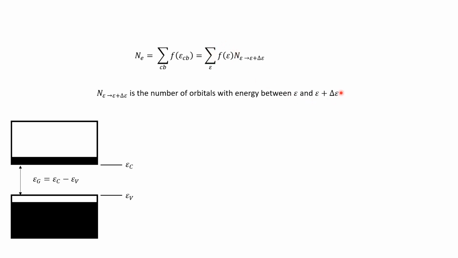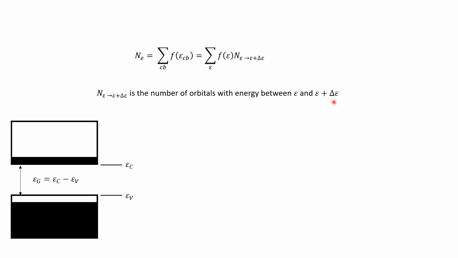So mathematically speaking, this step in the energy has to be considered as infinitesimal for the Fermi-Dirac distribution. So the Fermi-Dirac distribution for all energies evaluated between epsilon and epsilon plus delta epsilon must be the same for our idea to work. And that's easy to do.